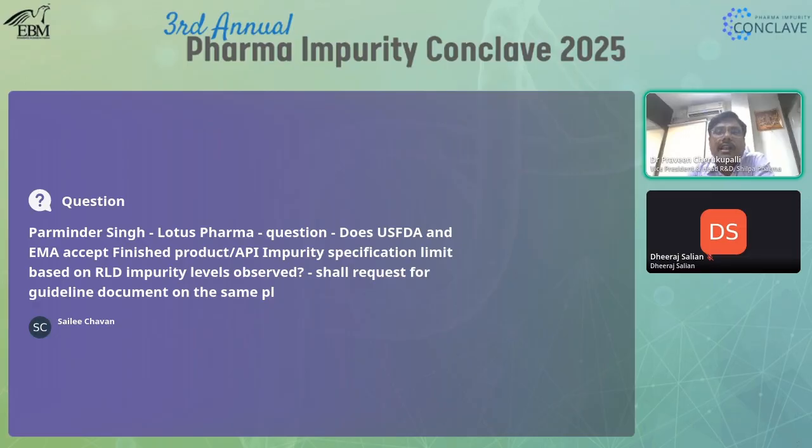Otherwise, they will instruct the companies to follow the ICH guideline for the specifications. In most cases, they won't give the relaxation. Whenever there is a criticality with respect to the process, the purgeability, or there is a metabolite or a process degradation impurity, then they will give some relaxation for the impurity limit.